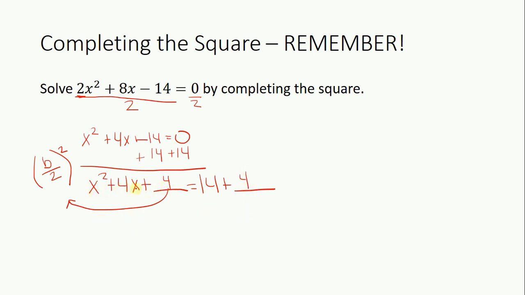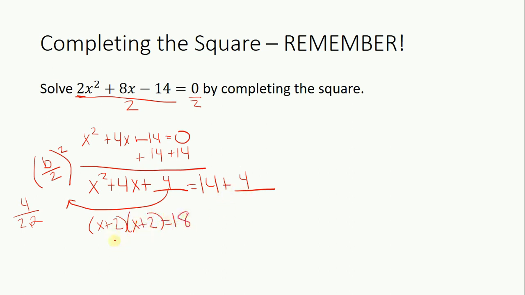This is now a perfect square on the left-hand side, which is factorable. And so numbers that multiply to make 4, but add together to give me 4, that would be 2 and 2, right? So I can write this as x plus 2 times x plus 2 on this side, equals 18.